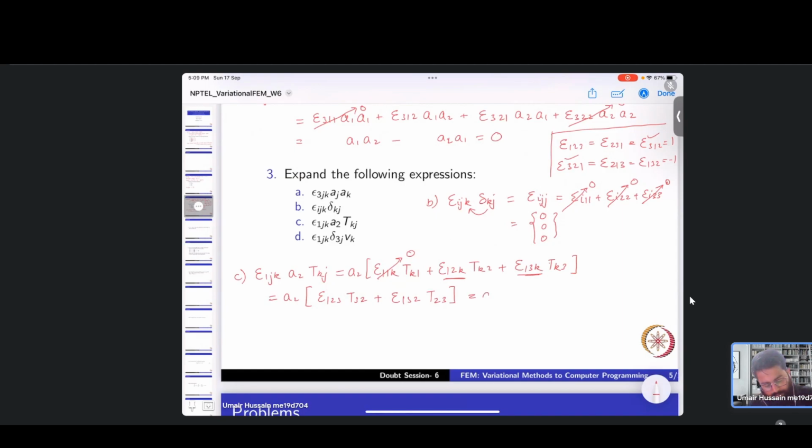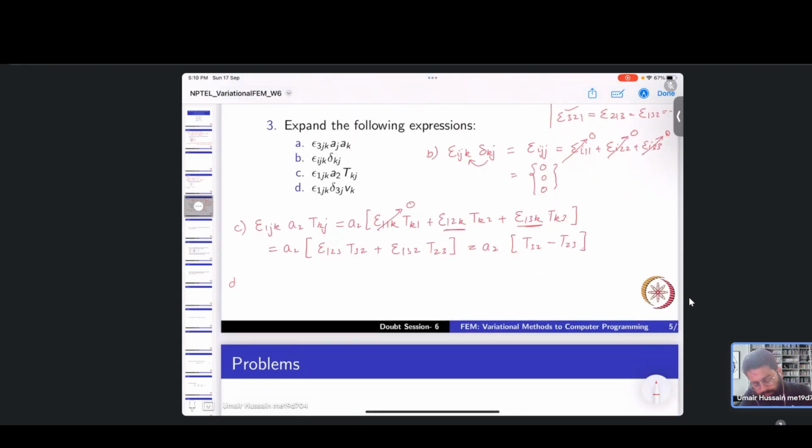So we have a2 times t32 minus t23. Since we don't know the nature of the t tensor or t matrix, we just leave it here. But if it was a symmetric matrix, then this term would again go to 0. So this is the scalar expansion for part C.